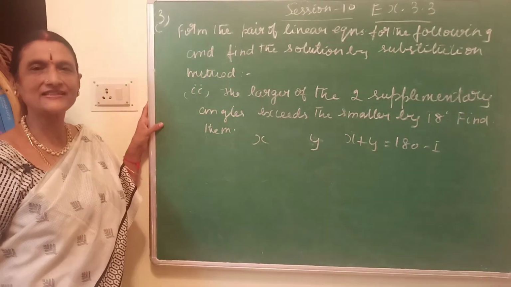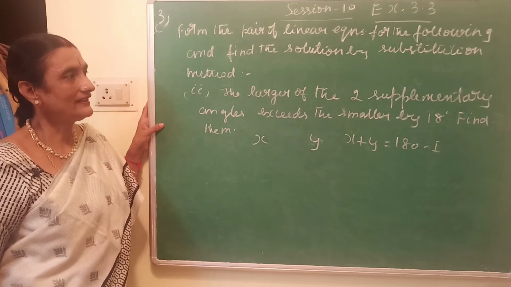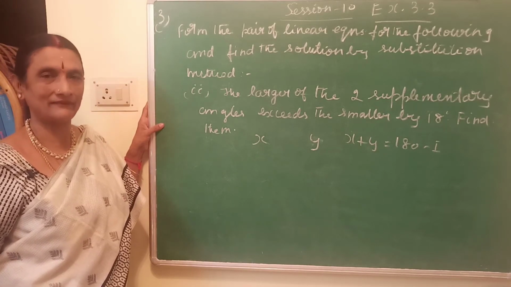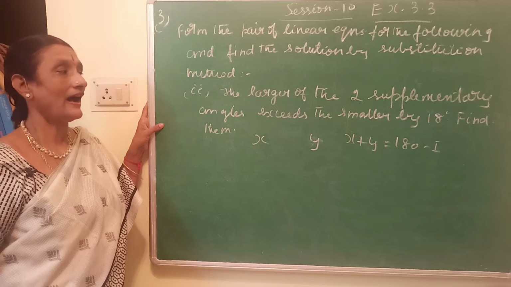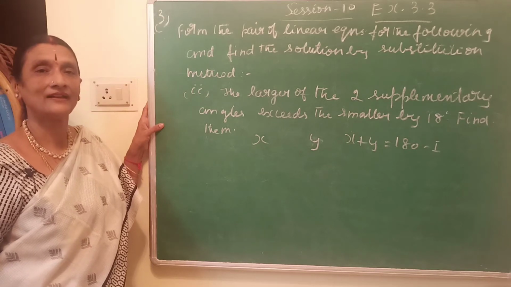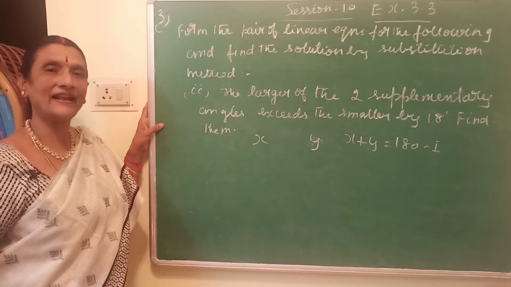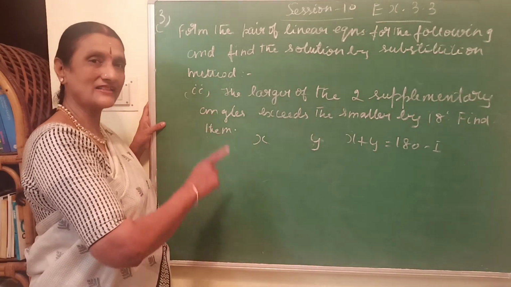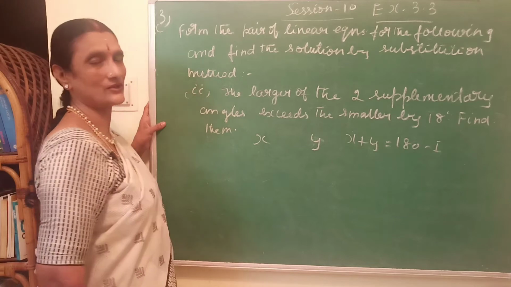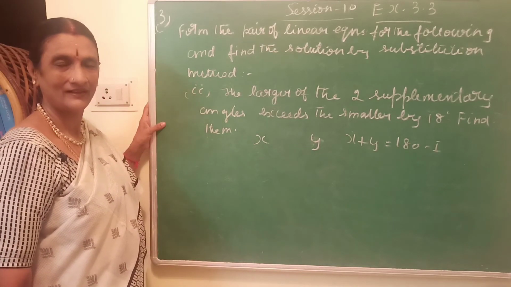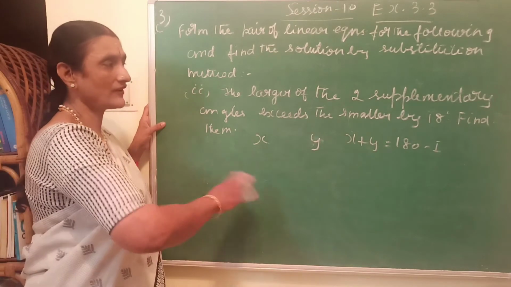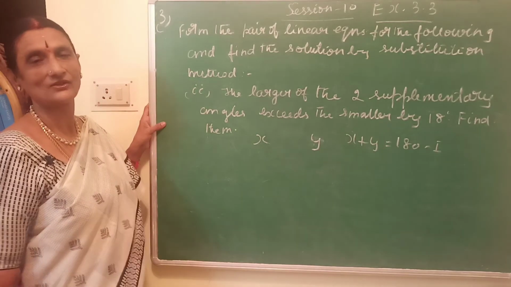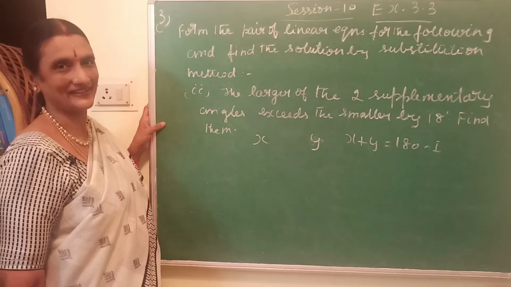Now when we say the larger exceeds the smaller by 18, it means either the smaller angle plus 18 is equal to the larger angle, or the larger angle minus 18 is equal to the smaller angle, correct? Or the difference of the two angles is 18. So there are 3 ways we can take it.